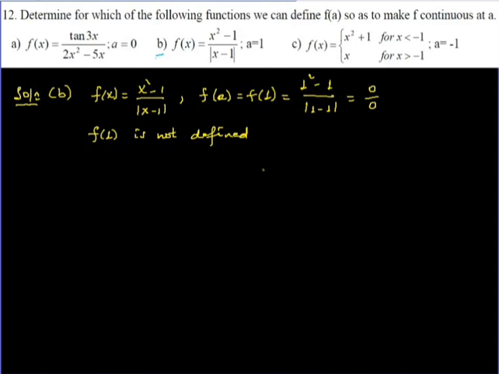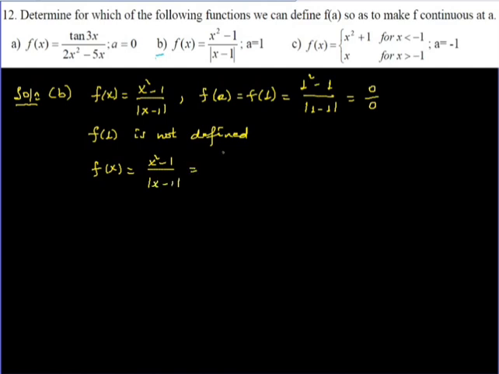So f will not be continuous at 1 because f of 1 is not defined. So let us see the value of a in which f becomes continuous. Now f of x is x squared minus 1 over absolute value of x minus 1.